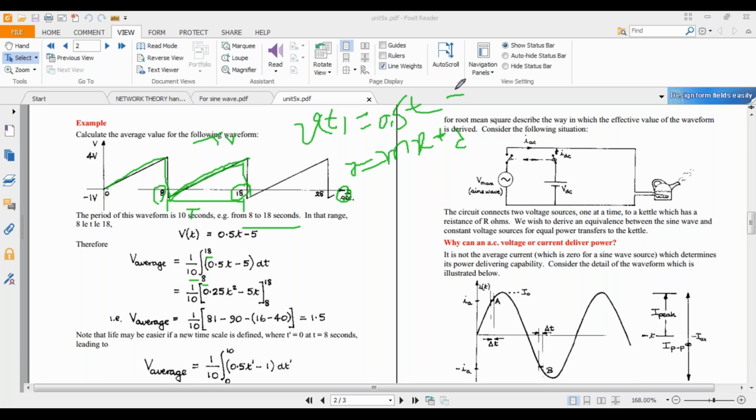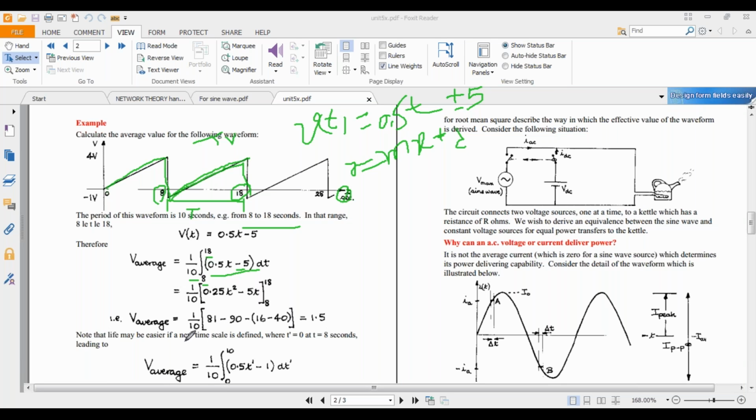Now it is plus 0 actually, but here there is an offset value, so it is minus 5. So the constant is equal to minus 5.